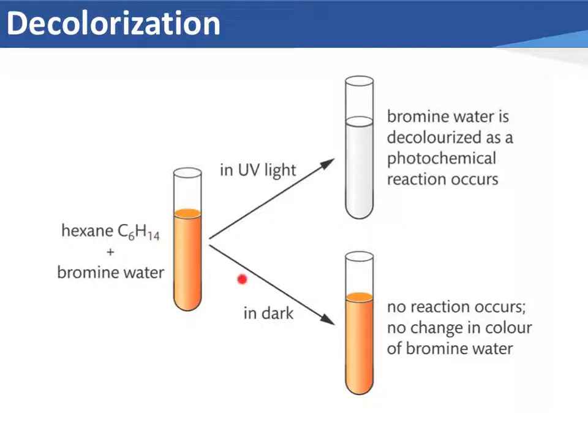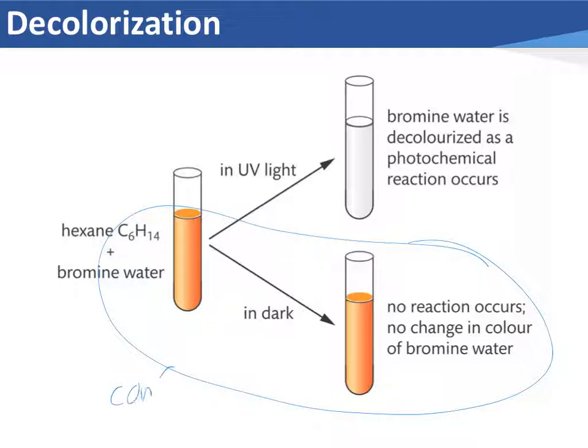In the dark, it would just stay brownish. And this reaction we can compare to alkenes, which we will learn about later. This reaction must have ultraviolet light in order to proceed.